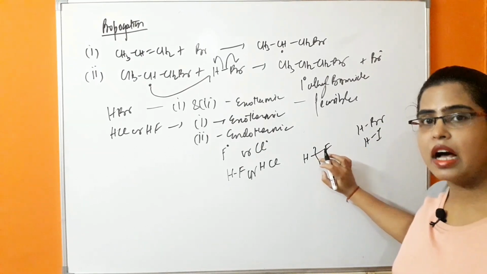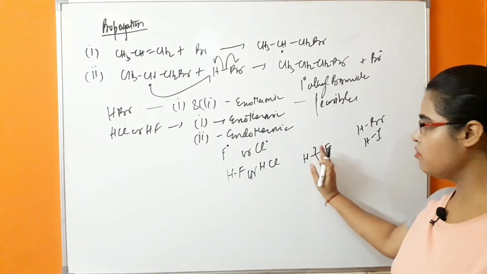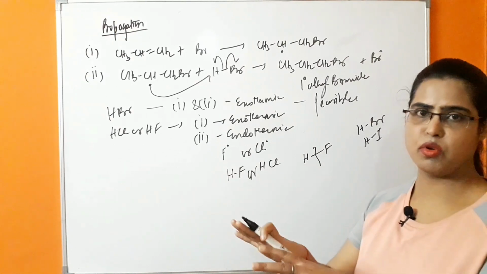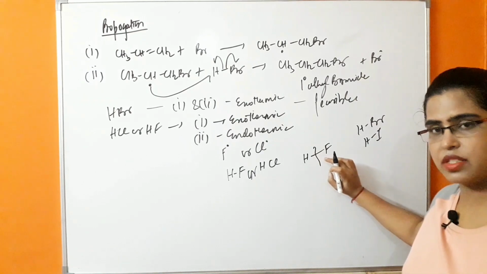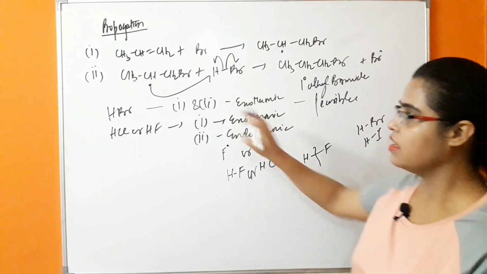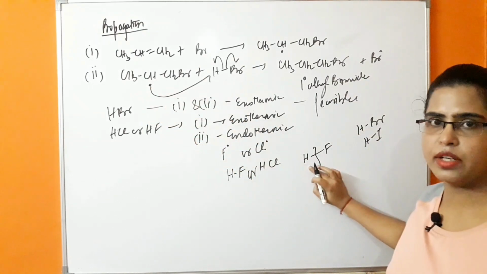Because of that, fluorine will not allow the hydrogen to be removed. It means homolytic fission will not take place. When this bond is not broken, this free radical will not attack this hydrogen.